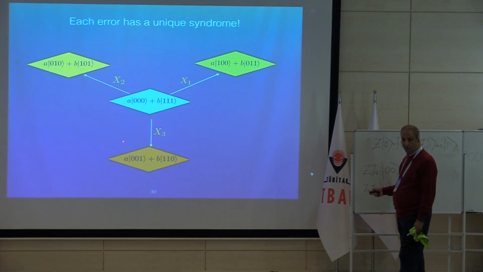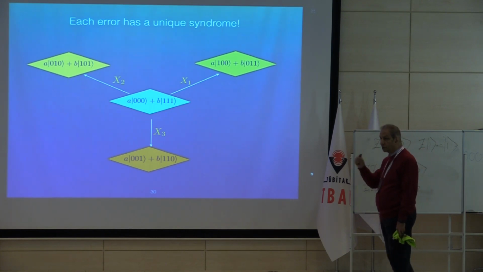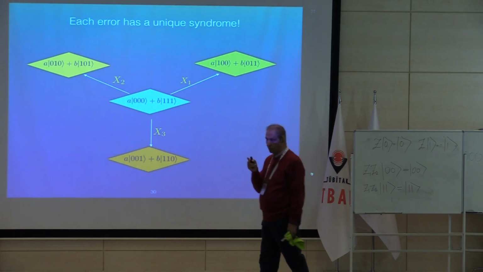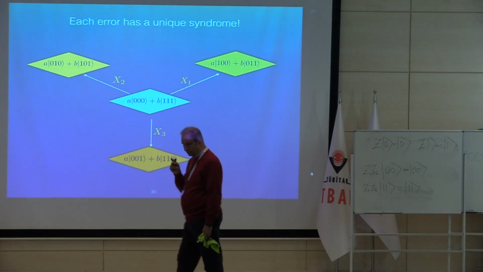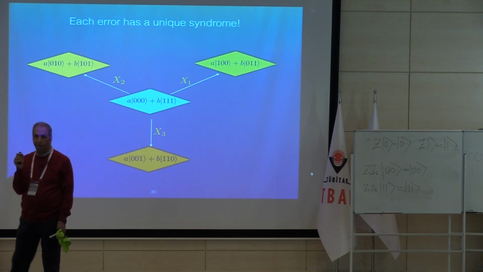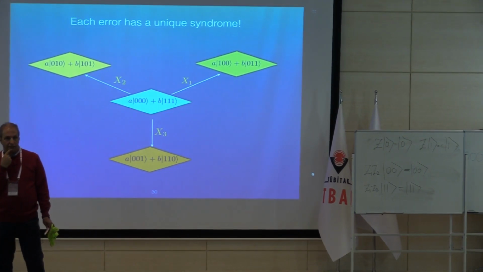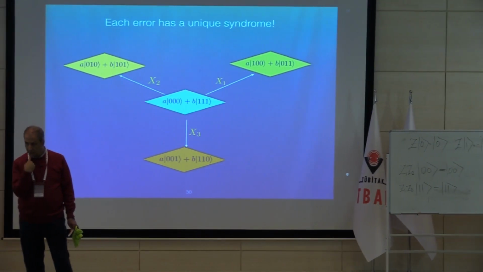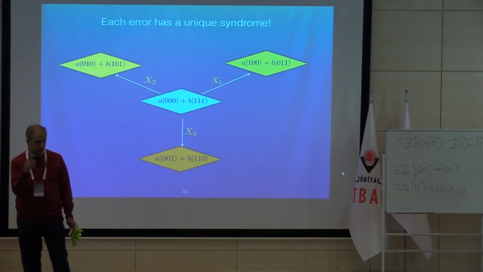They do not have anything in common. So I can understand in which subspace I am, whether X1 has occurred, X2 or X3. Right? You agree with this? So in principle, it's possible to determine which error has occurred, in which subspace.